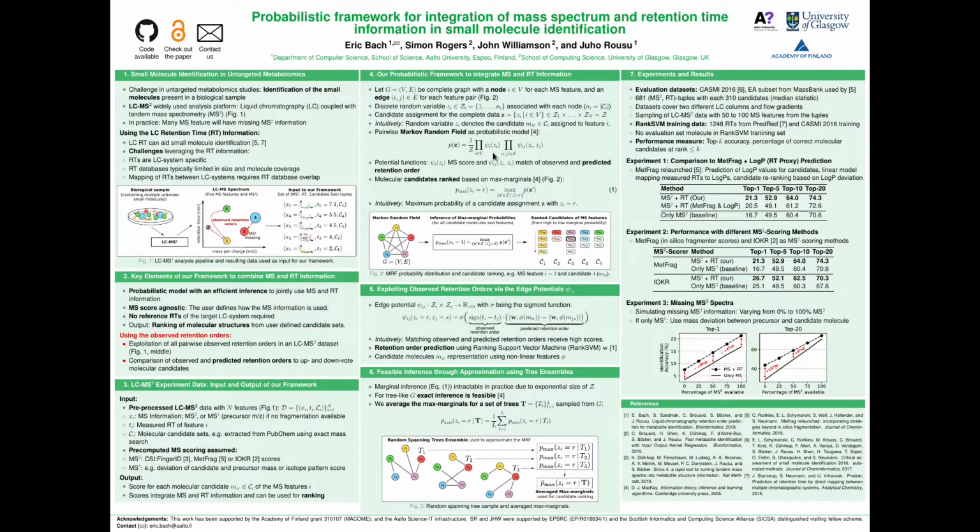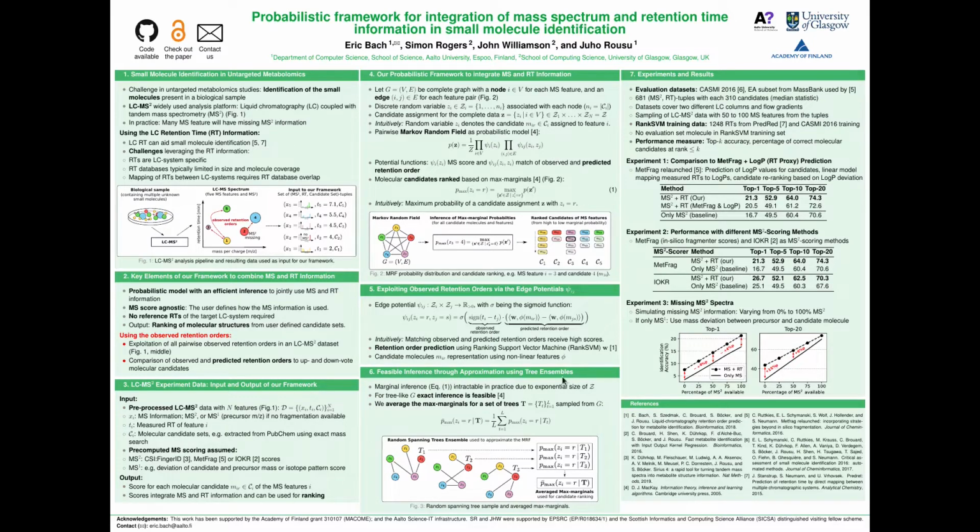So maybe I should say the nodes correspond to the MS features, edges correspond to the feature pairs. And we use so-called max marginals to rank molecular candidates, which means that we compute the probability of a certain molecular candidate assigned to a certain feature given all the other data integrated through this Markov random field.